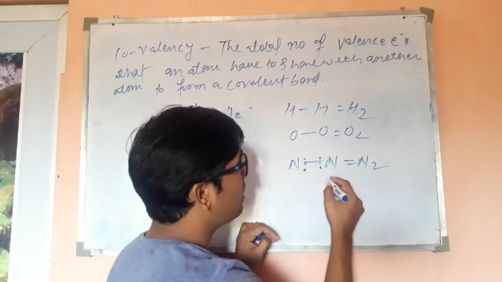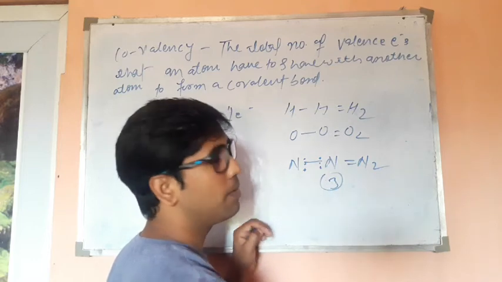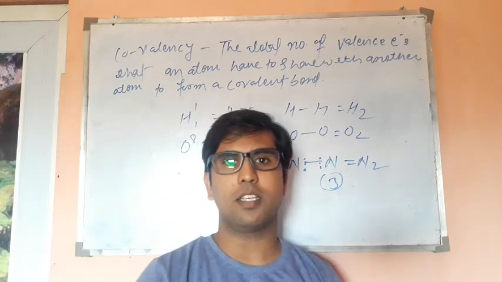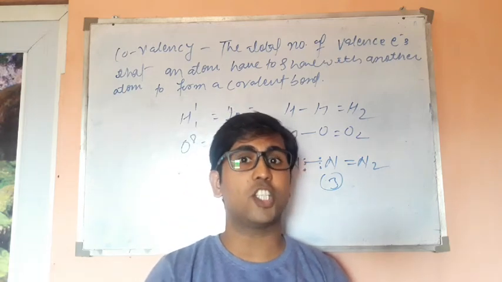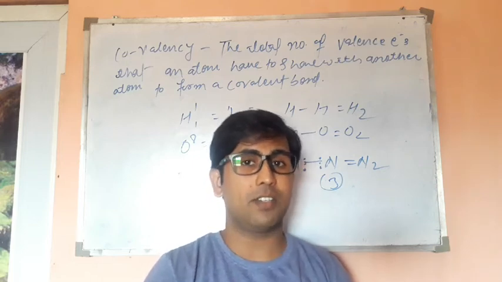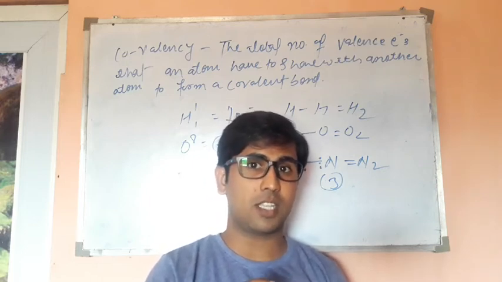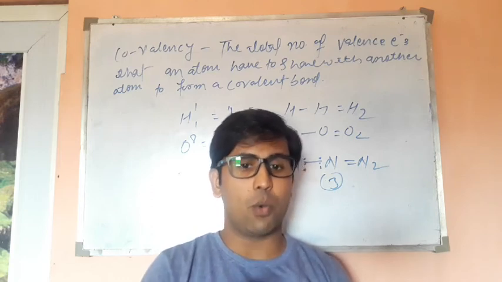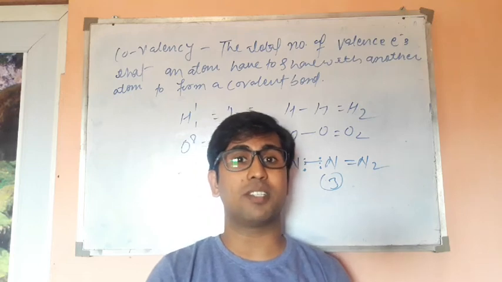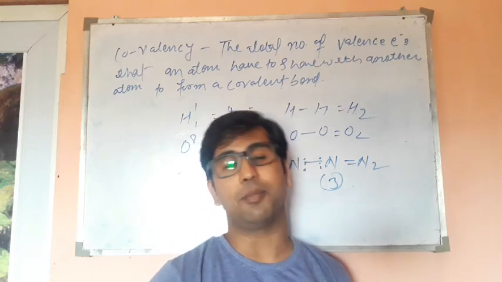So the covalency of nitrogen will be 3. So you can see that covalency represents the number of electrons which an element permanently has, and those electrons come into action when they get shared. That total number of shared electrons represents the covalency of the element.